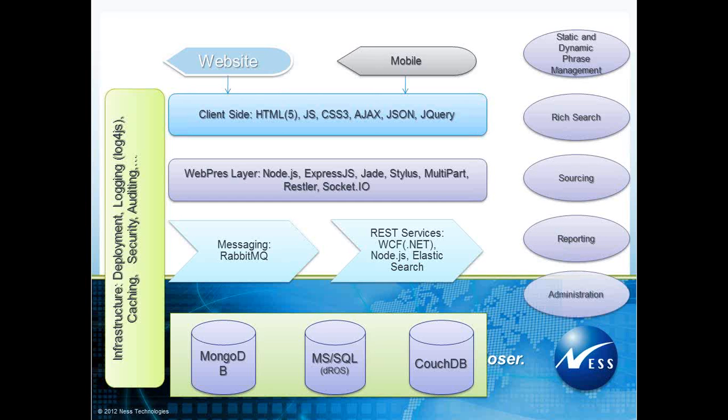The client side is pretty thin. So we have HTML5, JavaScript, CSS3, Ajax, JSON, and jQuery. In the web layer, we have Node.js, Express.js, Jade, Stylus, a strong CSS preprocessor. We have the RabbitMQ.